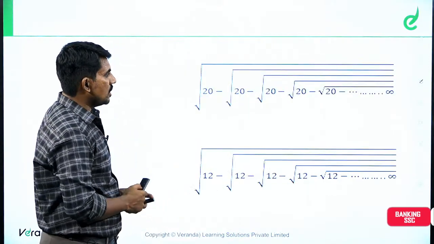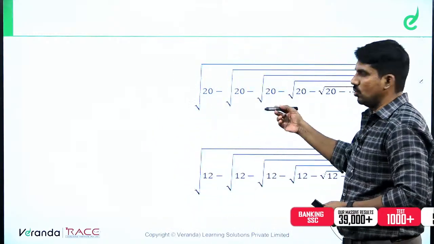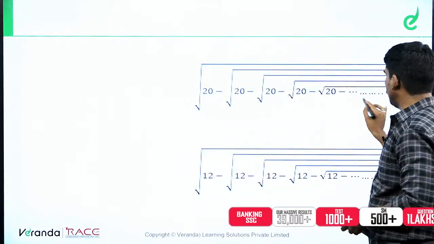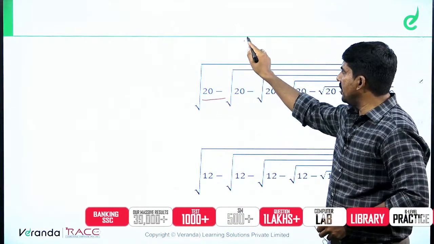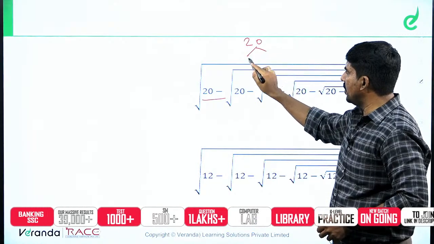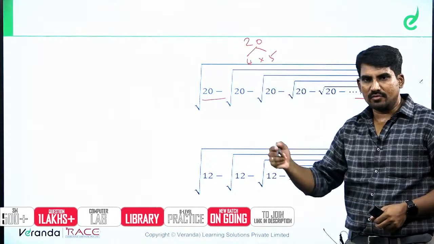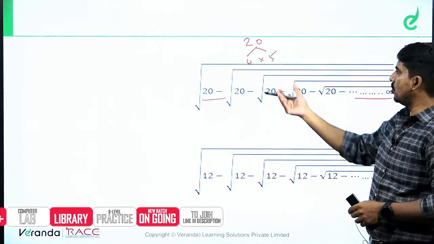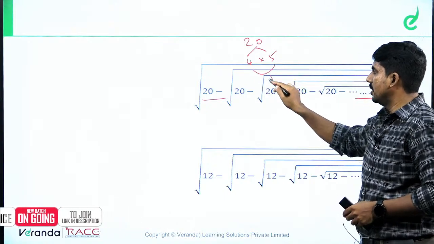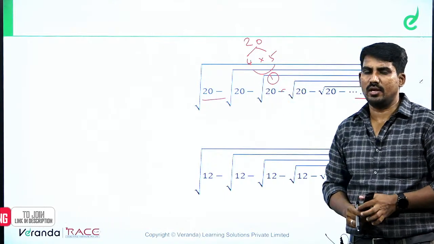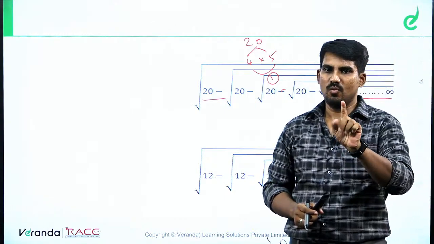Now see, root 20 minus root 20 minus, infinity given. 20 we can write as 4 into 5. 4 fives are 20. Clear? 10 is a factor, 2 is a factor, okay, but the 2 factors whose product we choose, the difference should be 1. That is the logic. Therefore we choose 4 and 5, 4 into 5 is 20. The difference between 4 and 5 is 1.